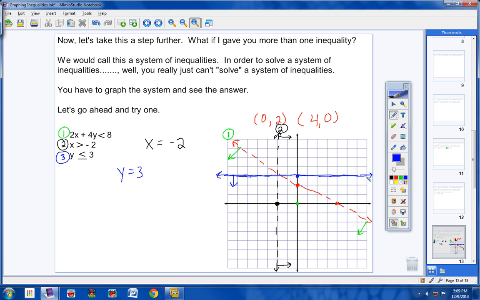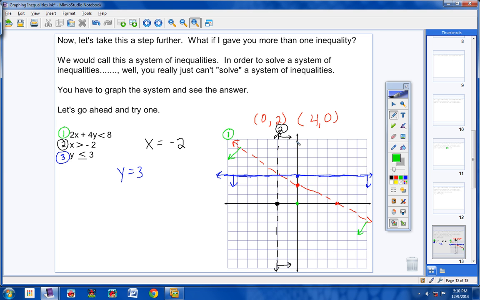So I've got to shade where all these lines agree. Okay? Now, some students really struggle with this, so I'm going to show you 2 ways to do this, and you may pick the one you like the best. Okay? Alright. In my opinion, the best way to do this is just try to figure it out by looking at the lines, or the parabolas, or the polynomial curves, or whatever graph you have, okay? In this case here, I'm going to look at my black line. I know it's vertical.